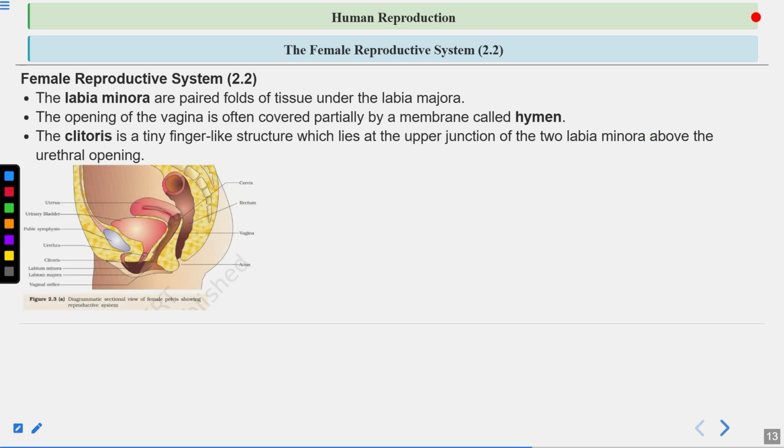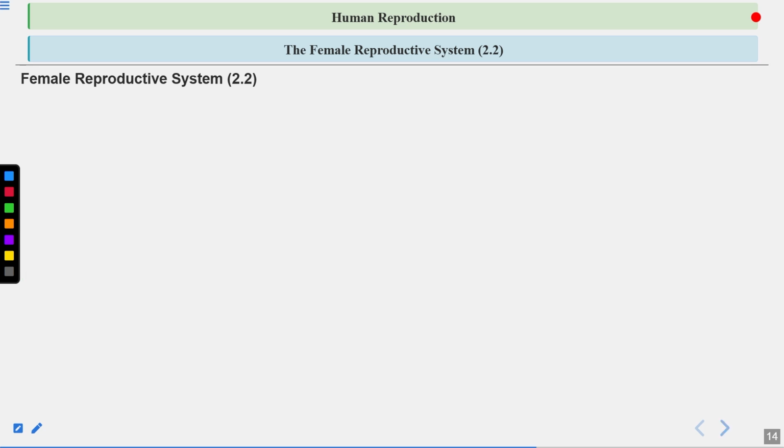Again, you can see here the diagram of the female reproductive system. You can see here the cervix, the vagina, anus, labia majora, labia minora, and clitoris. Now the hymen is often torn during the first coitus, which is known as intercourse. Coitus is also known as sexual intercourse.